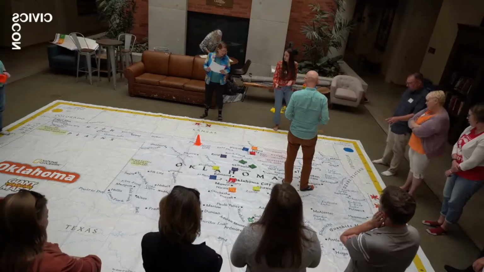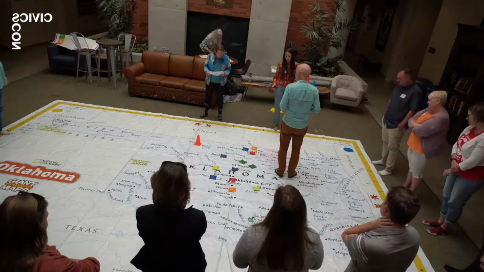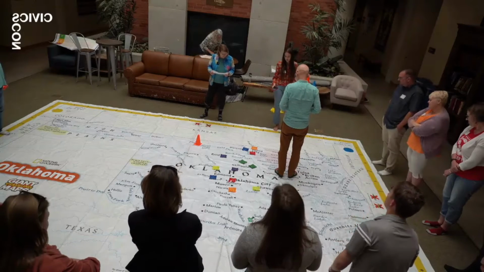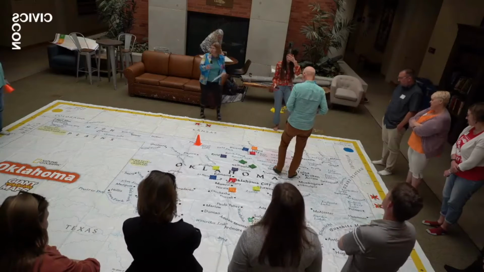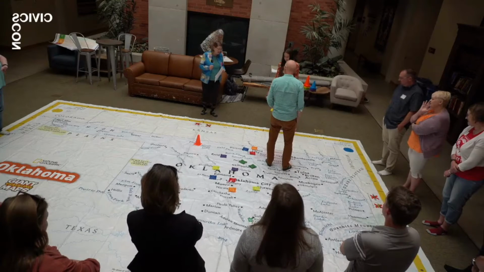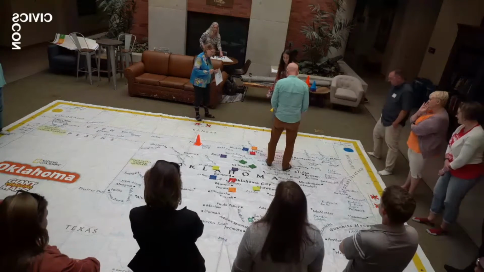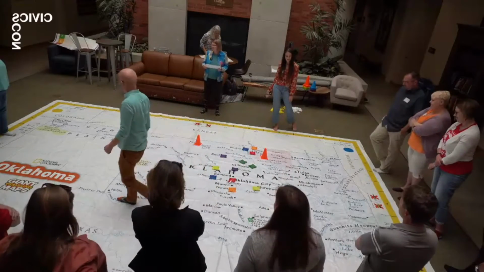Oh, Pawnee is not on there? Okay. So Pawnee and Newkirk are somewhere here, southeast of Ponca City.